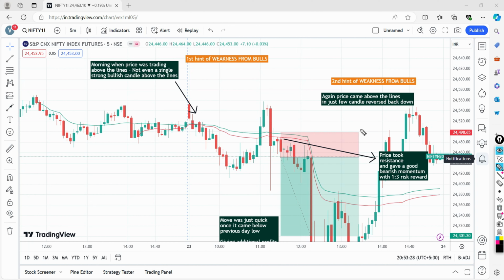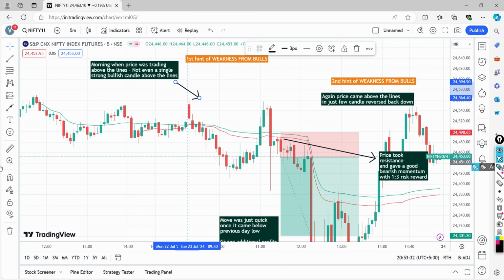But today, for a surprise, can you notice here, not even a single candle is forming a bullish candle despite price trading above the line. That is the reason I have written here: in the morning, when price was trading above the lines, not even a single strong bullish candle above the lines.